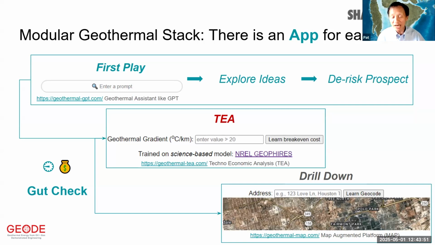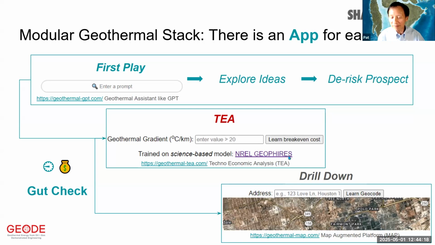Basically, it's the rate of temperature increase per kilometer. The app is trained by varying these different thermal gradients for a particular configuration, so that when you enter a number, you'll get the break-even cost. We'll see how it works in a couple of seconds.